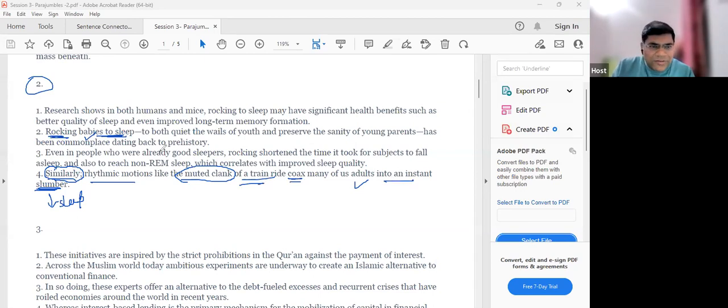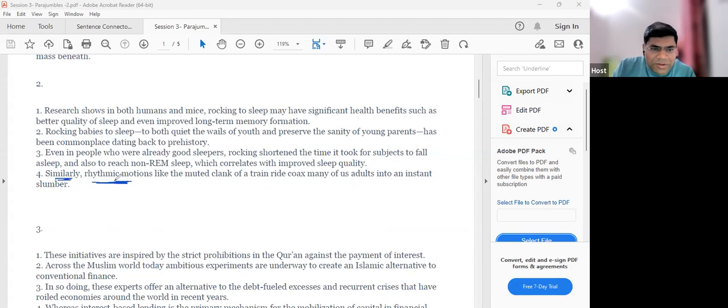So what I do intelligently: similarly, rhythmic motions of a train ride coax many of us into instant slumber. Okay, so just as rocking babies puts them to sleep, rhythmic motions in a train put me to sleep. Simple. I didn't understand what coax is, but roughly it would be that.